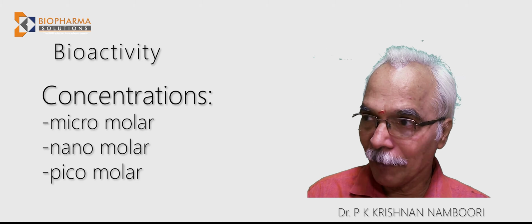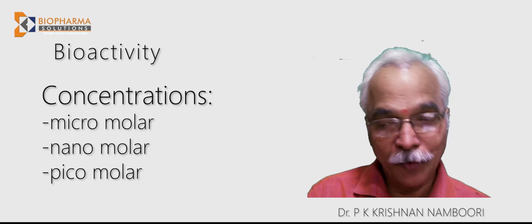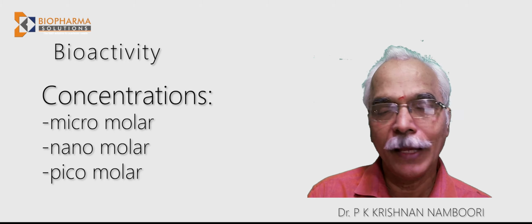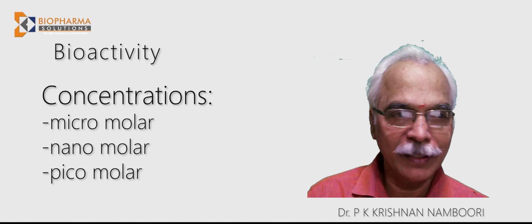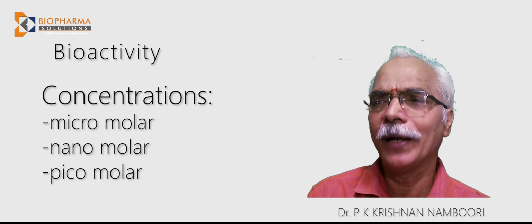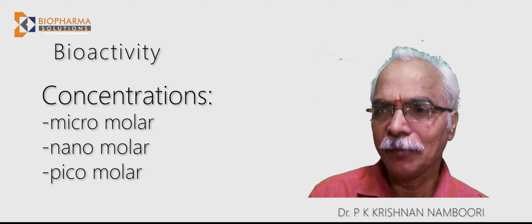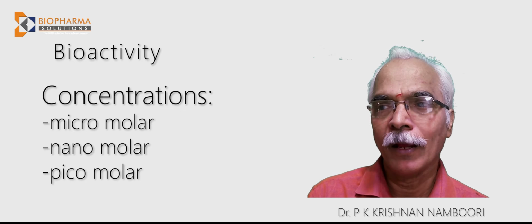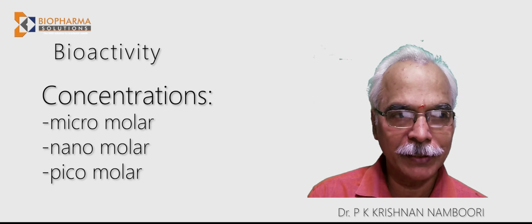Or in some cases, it will be even pico, 10 raised to minus 12. So we have to see that the required concentration of drug molecule in the body for a proper drug action is a very small quantity. It can be in the micromolar, nanomolar, or picomolar level concentration.